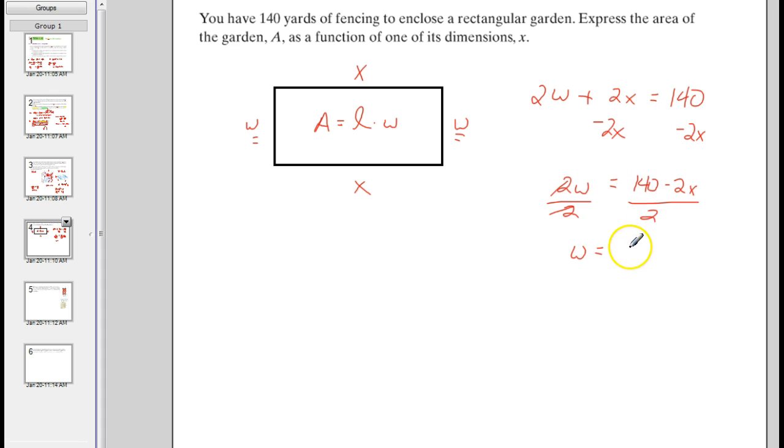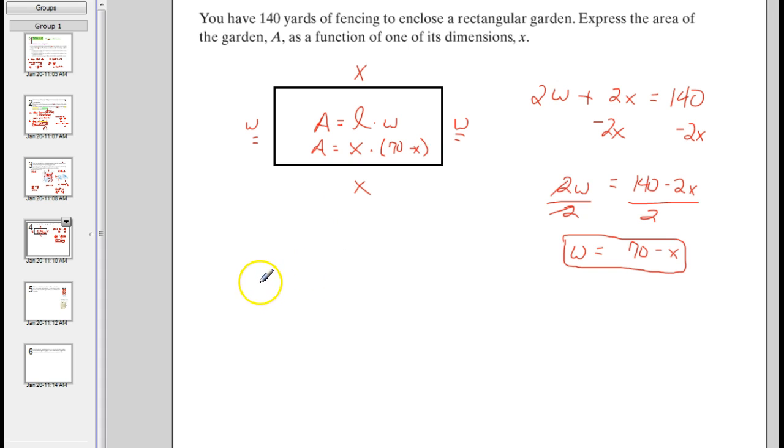So 140 divided by 2 is 70. 2x divided by 2 is just x. So w equals 70 minus x. Now, why is that important? Because area equals length times width. The length we said is x, and w we just found to be 70 minus x.